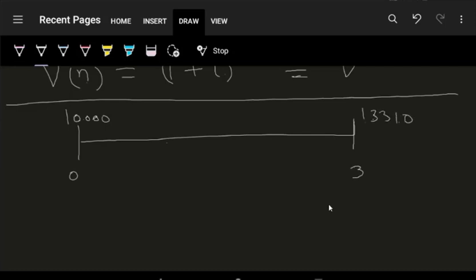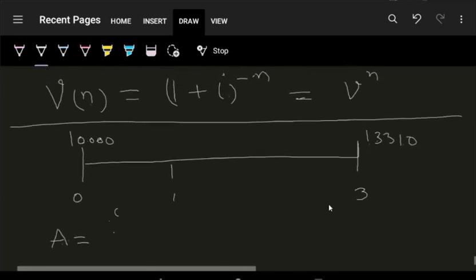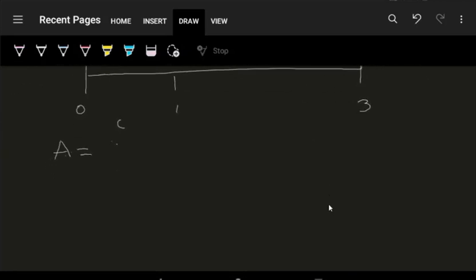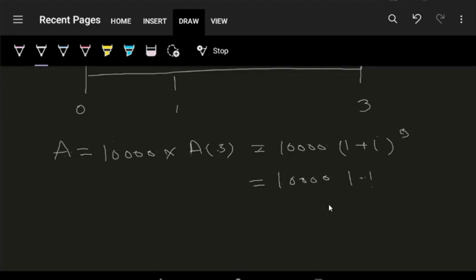When we invested 10,000 in an account that pays interest at the rate of 10% per annum compounded, we calculated the accumulated amount A3 as 10,000 times (1 plus i) to the power 3, and since i is 10%, it will be 1.1 to the power 3, and it will be 13,310.